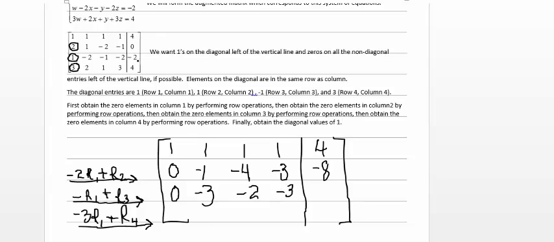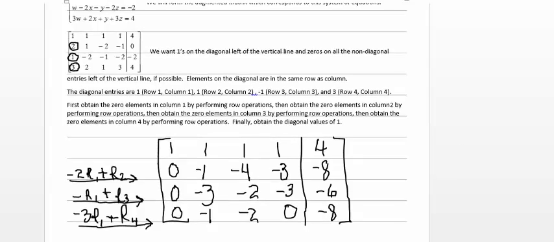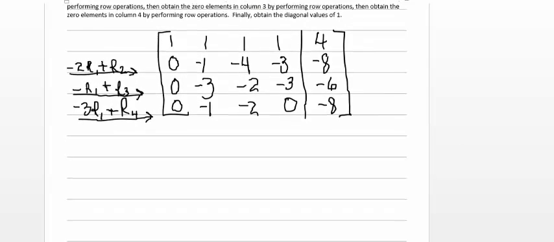That gives me 0, negative 3, negative 2, negative 3, and negative 6 as my new row 3. Now I'm going to multiply every element in row 1 by negative 3 and add that to row 4. And that gives me 0, negative 1, negative 2, 0, and negative 8 as my new row 4.